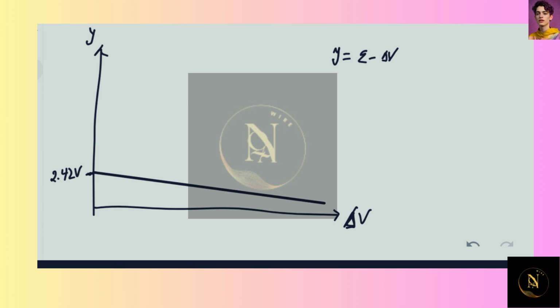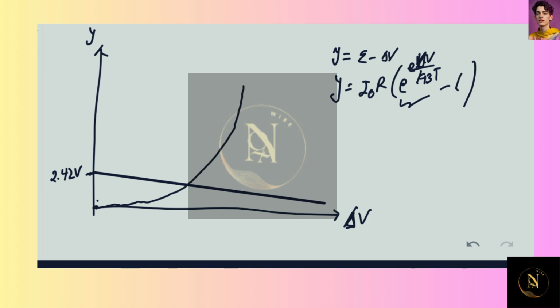On the other hand, for y equals the exponential term, we have I naught R times the exponential. When delta V is 0, the exponential term will be 1, so 1 minus 1 is 0. So it starts from 0 over here, and it goes up exponentially, something like that.